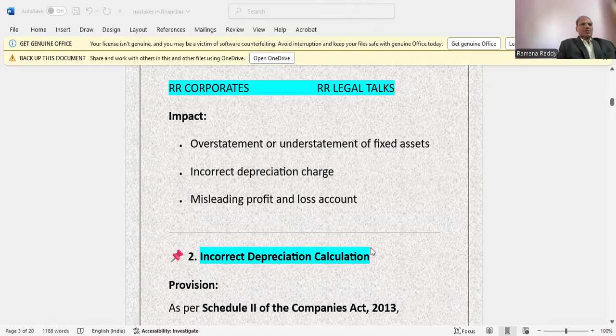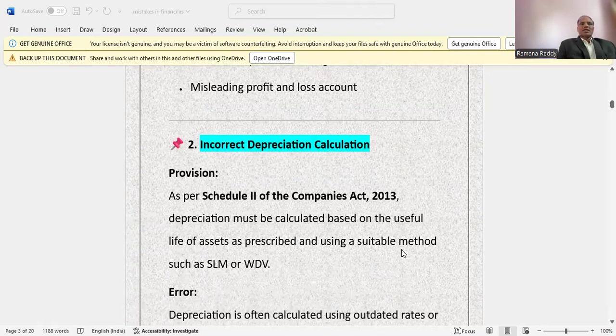Another mistake we observe is incorrect depreciation calculation. As per the provision of Schedule 2 of the Companies Act 2013, depreciation must be calculated based on the useful life of assets as prescribed, using suitable methods such as SLM or WDV.